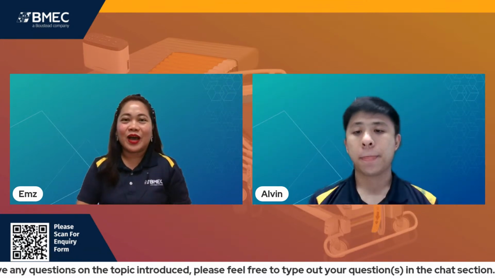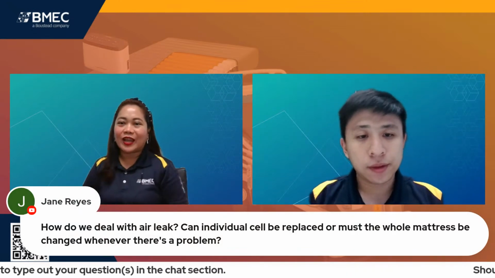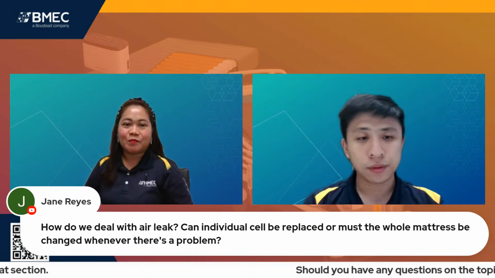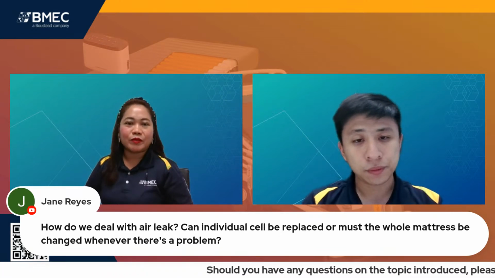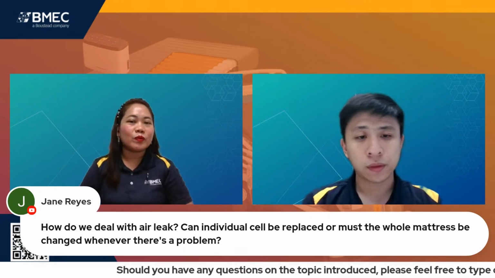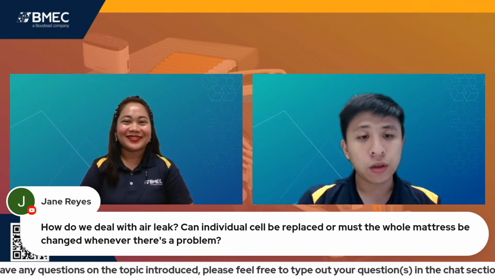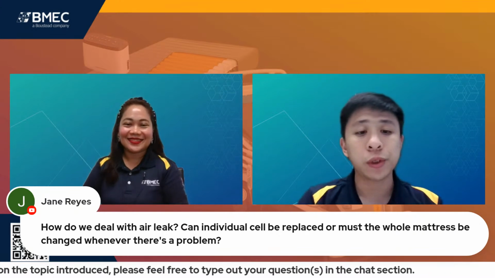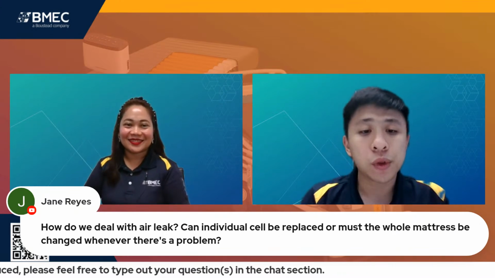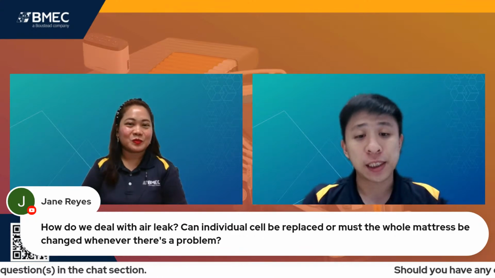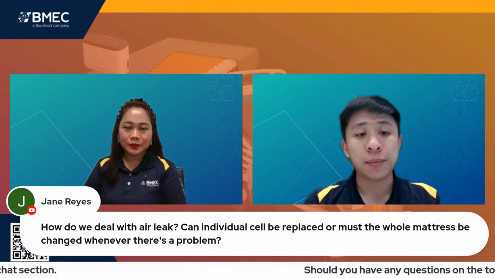Okay, let's begin. There is a question from Jane Reyes: how do we deal with air leaks? Can an individual cell be replaced, or must the whole mattress be changed whenever there's a problem? Most of the time, the air cells are the ones that cause air leaks, as with all other air mattresses.